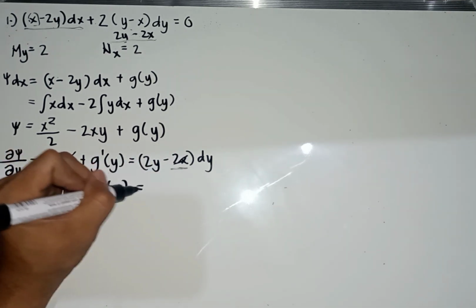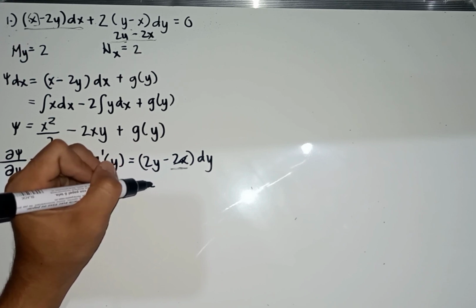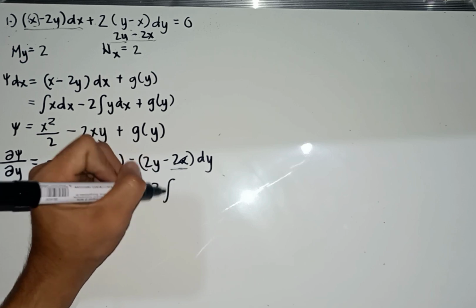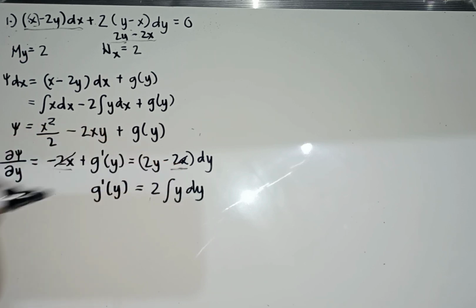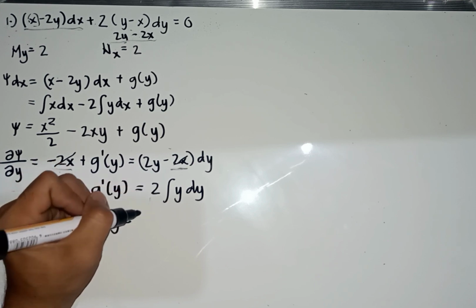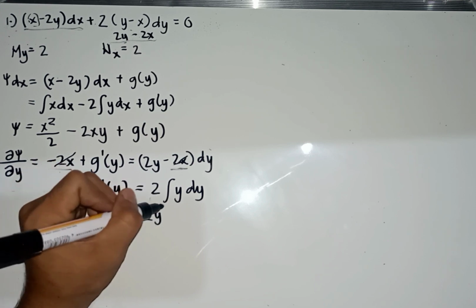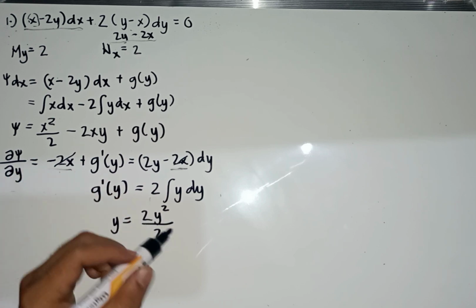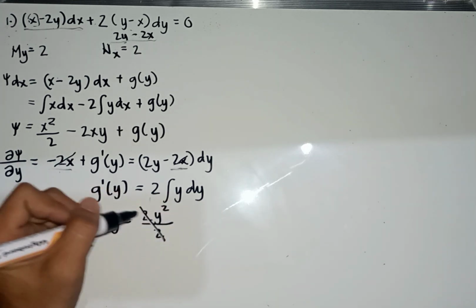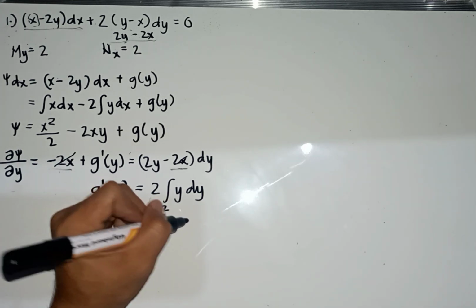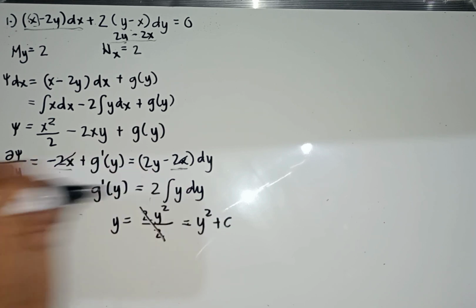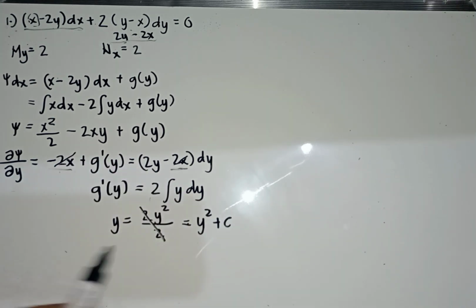is equal to 2 integral of y dy. So g of y is equal to 2y squared over 2, just the power rule. As you can observe, we can cancel this out. That would be g of y equal to y squared plus c, don't forget the plus c.